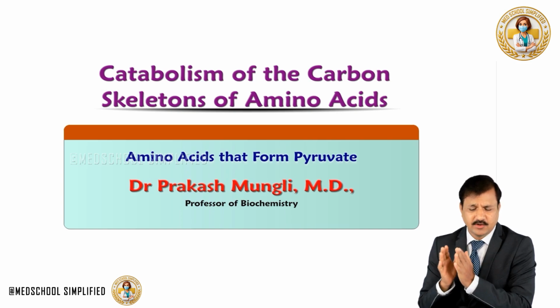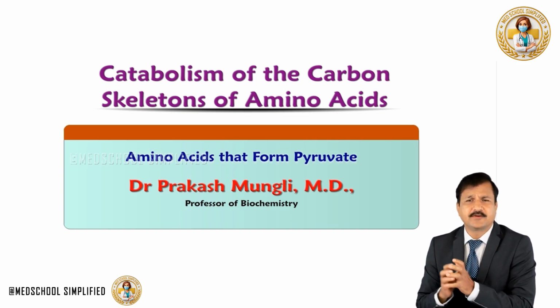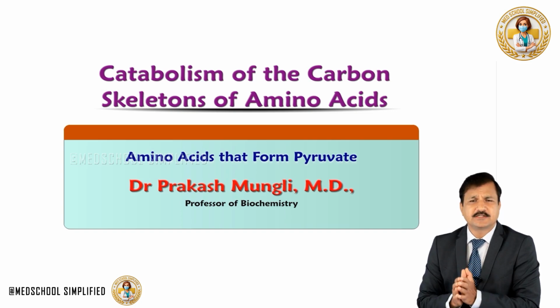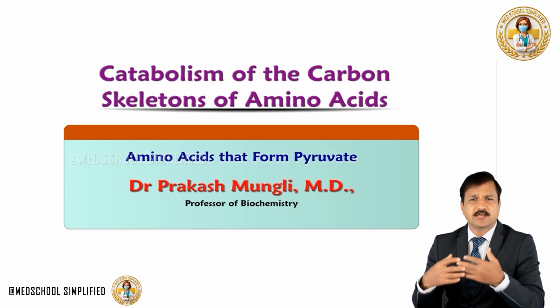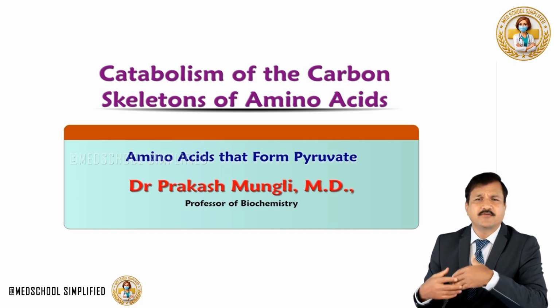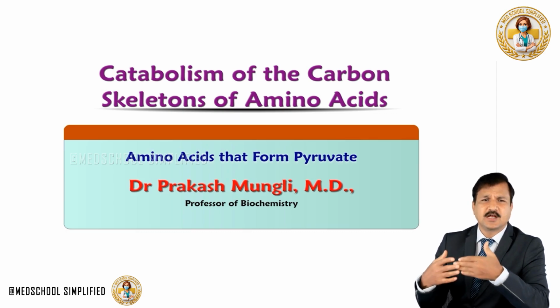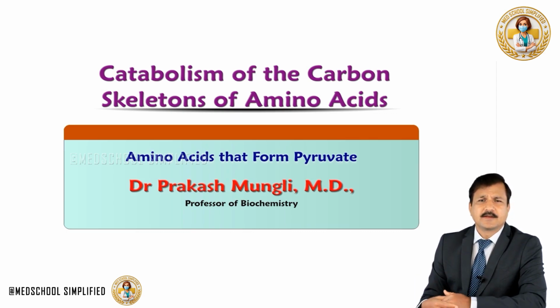I have covered only the amino acids that make pyruvate. So that's about it. In my next lecture, I will explain the catabolism of the carbon skeleton of other amino acids, how they go in. Thank you.